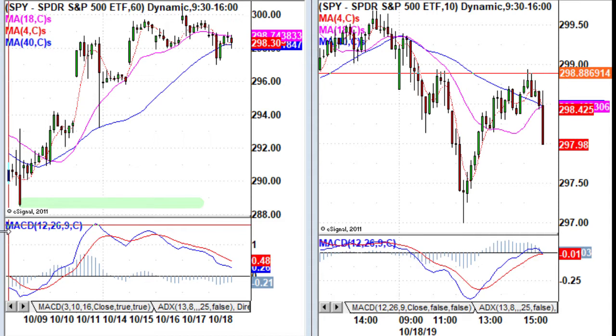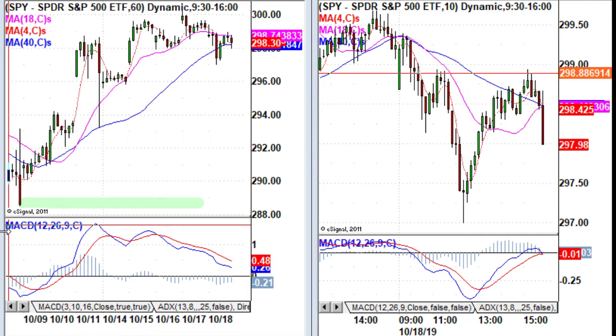I wanted to point out a few things here and how I really want to focus on the higher time frame before ever even looking at the lower time frame. Back in the day when I was starting this multiple time frame analysis, sometimes I would see a pattern on the lower time frame that looked attractive and want to go ahead and play it, even though the higher time frame was telling me not to do it.